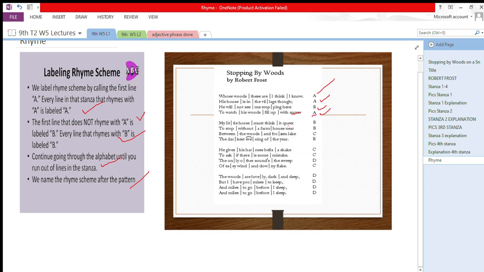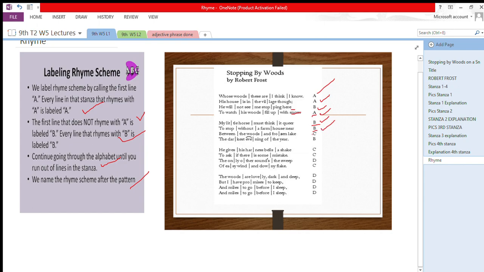Then the second stanza starts with: my little horse must think it queer. Queer rhymes with here, so again we are going to give this line the name B. And near again rhymes with queer.